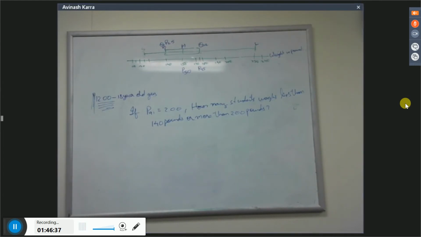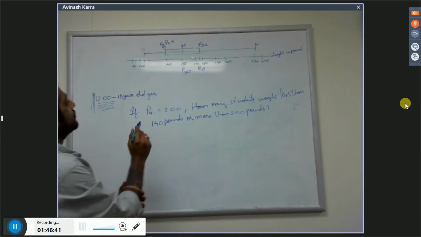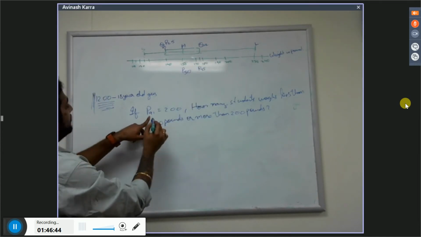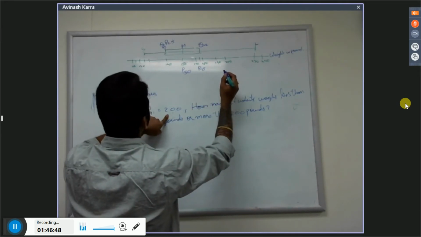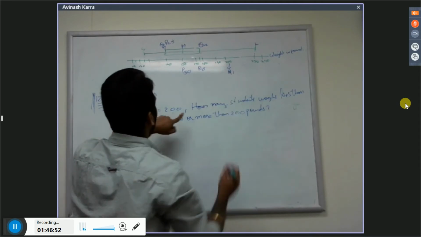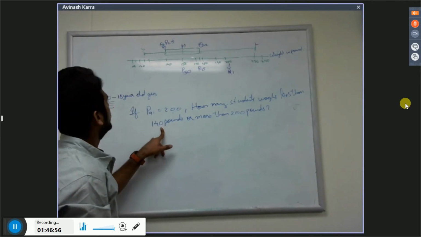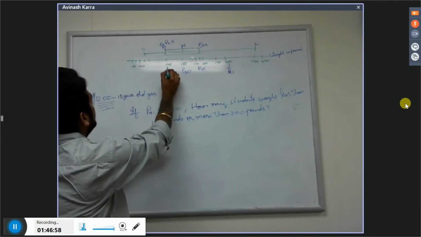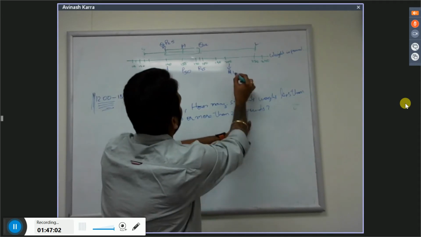Okay. So now what he asked: if P91 is equal to 200, this is P91. How many of the students weigh less than 140 pounds or more than 200 pounds?